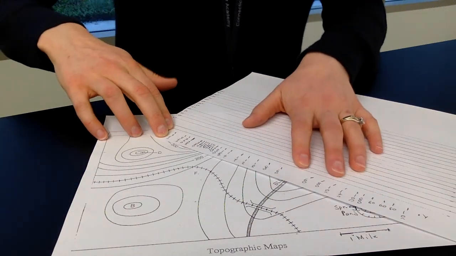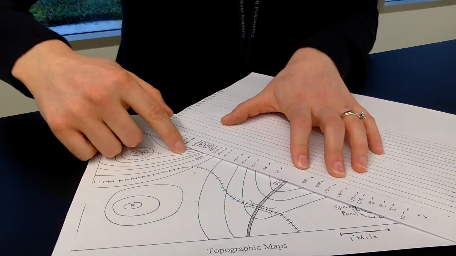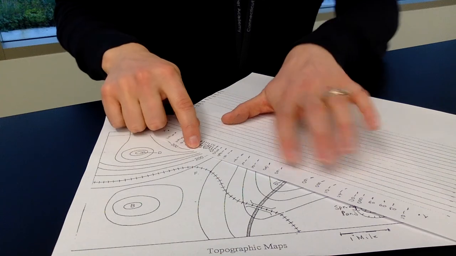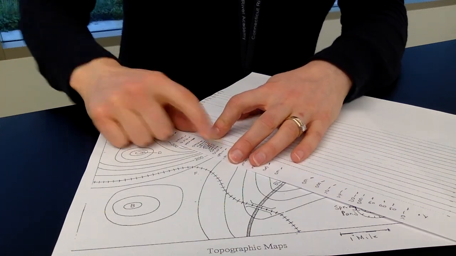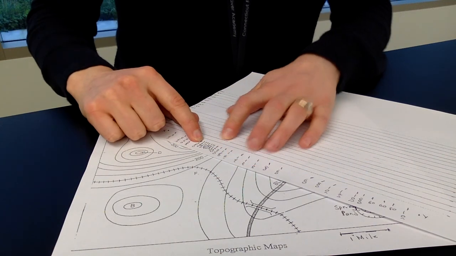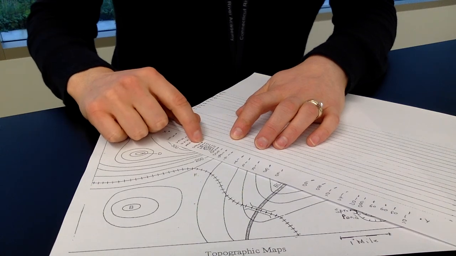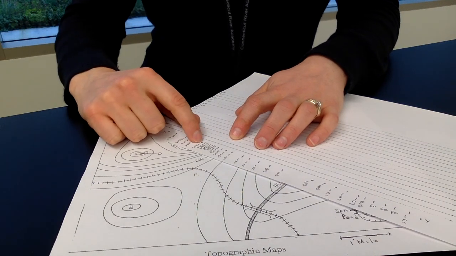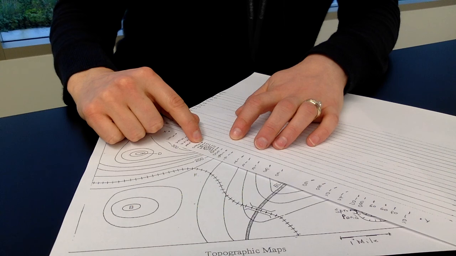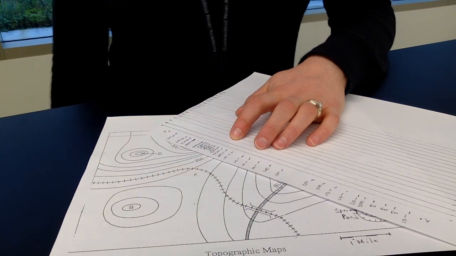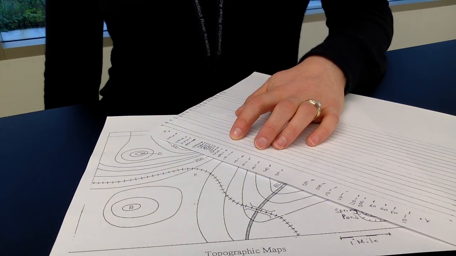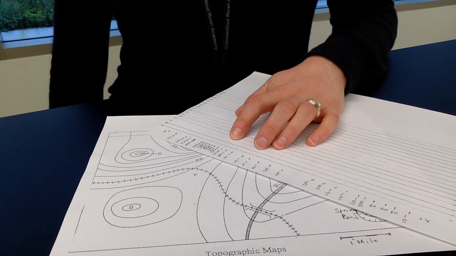Wherever there was a contour line that met my x-axis, that's what these tick marks represent. So the little lines, the dashes or tick marks, represent where a contour line would have met the x-axis.